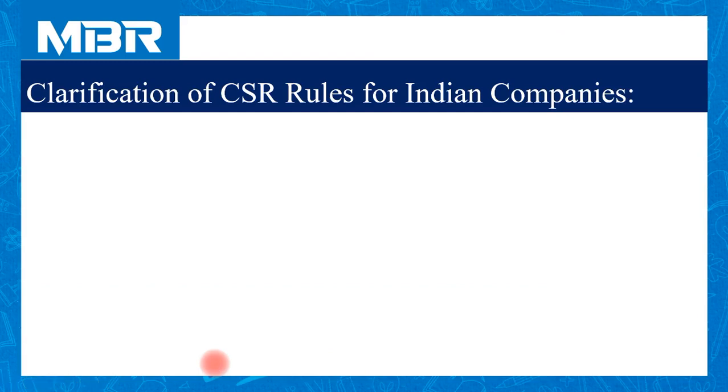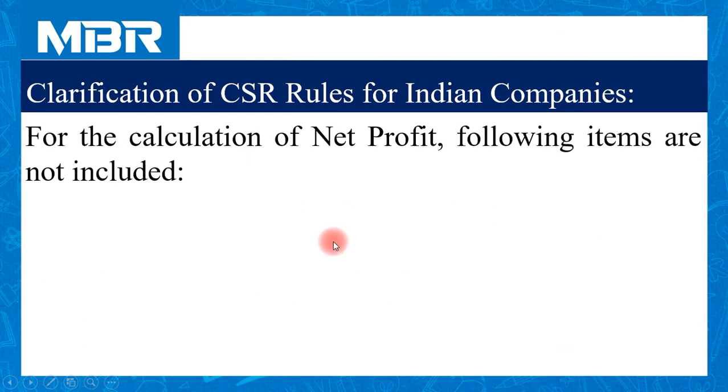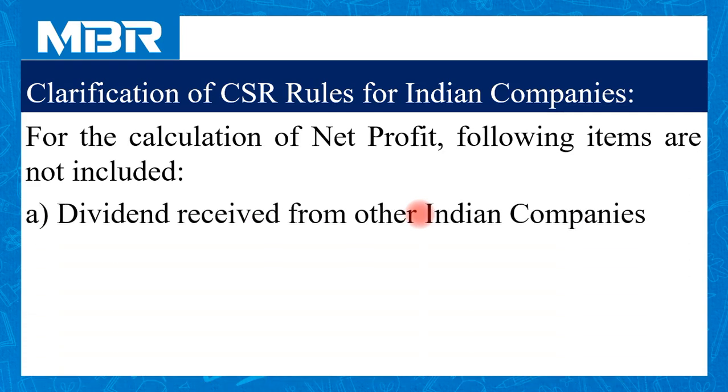The first clarification of the CSR rules given for Indian companies: for the calculation of net profit, the following items are not included. In the technical terms of income tax, you can say that at the time of calculation of net profit, the items given in the list are excluded or exempted.